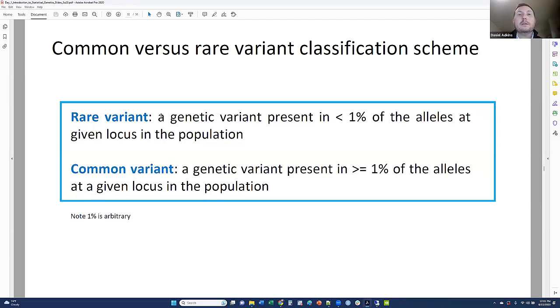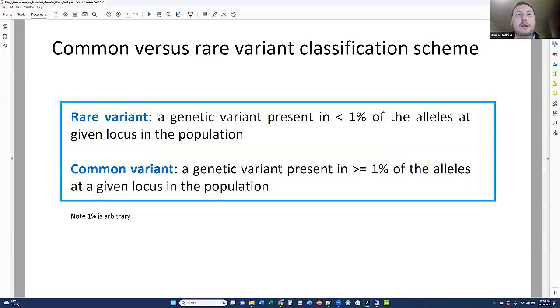So if you're dealing with rare variants, oftentimes you're going to need very large sample sizes to have the statistical power to reliably detect the real effects. So rare variants are important. I certainly wouldn't minimize their importance, but they can be challenging to study because you need very large sample sizes.